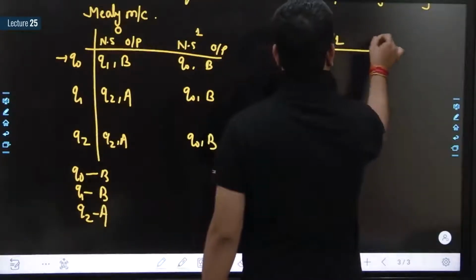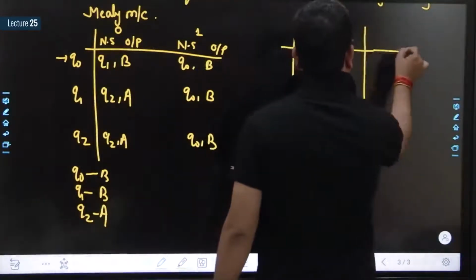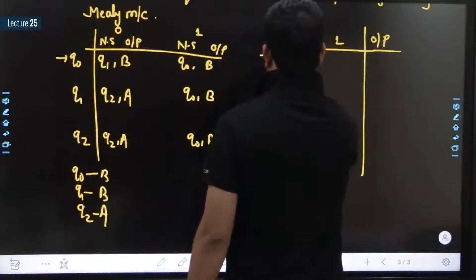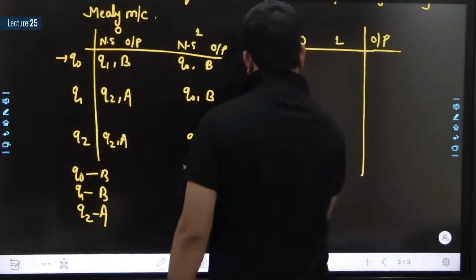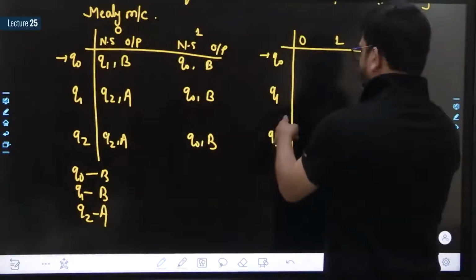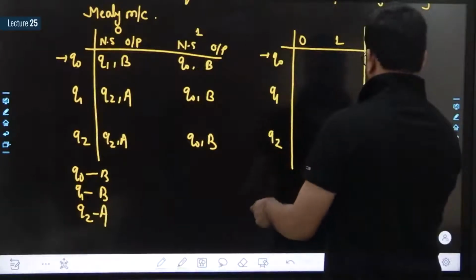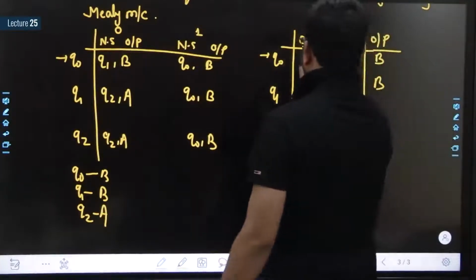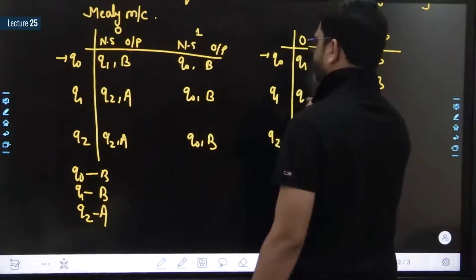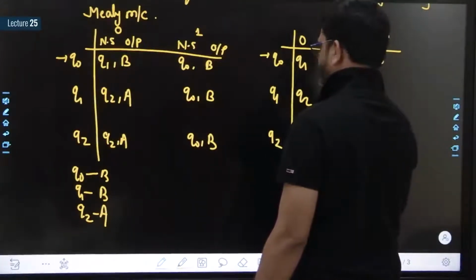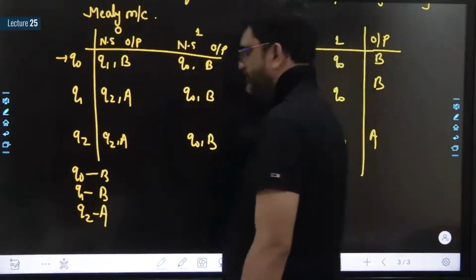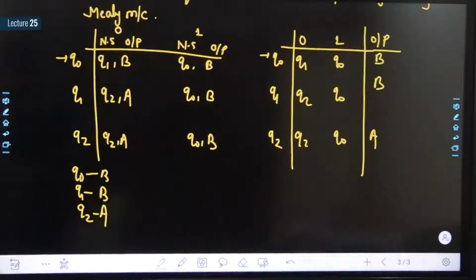Input, output. What are the states? Q0, Q1, Q2. Output associated with Q0 is B, Q1 is B, Q2 is A. Q1, Q0, Q2, Q0, Q2, Q0. This is the equivalent Moore machine.